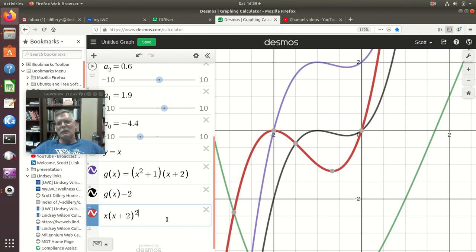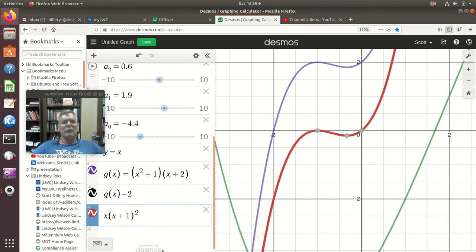Nope. Oh wait, that's not 2, that's 1. x plus 1 squared, there we go. And so if I did a minus 2 out here, you see it factors into this, and so I do have my 3 zeros. Okay, it's not the same as that anymore.